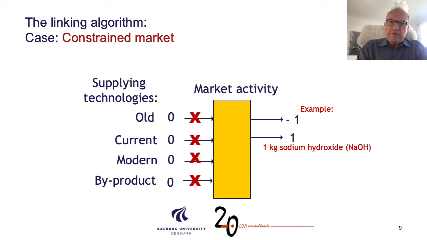So when you ask for more sodium hydroxide, you cannot get any more because it's already used by other users. The chlorine production will not increase because of this demand, because chlorine is what determines the total production output of both chlorine and sodium hydroxide.